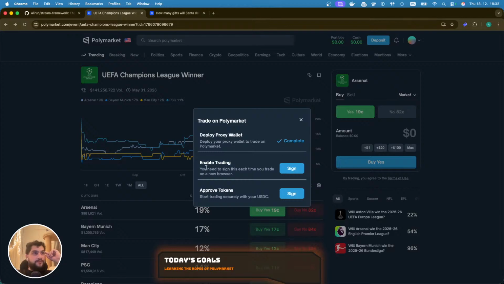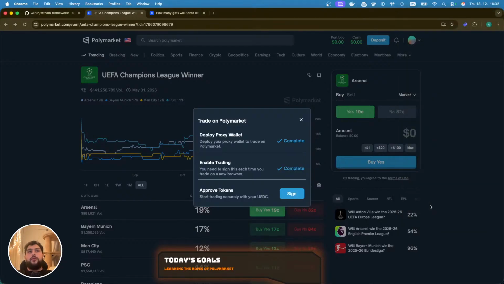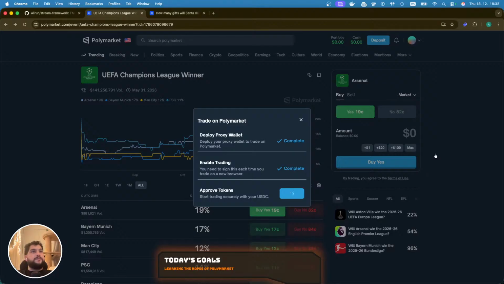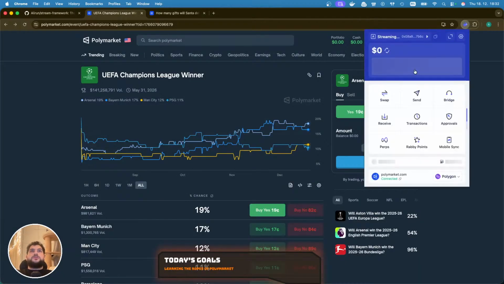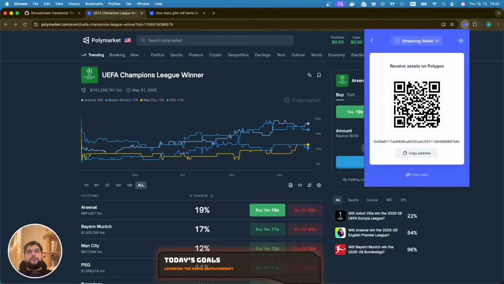We enabled trading. No, we did not enable that. And we need to approve tokens, USDC. Let's do that. Meanwhile, I will send some tokens to this account so we can have something to trade with. Yep, let me scan this.